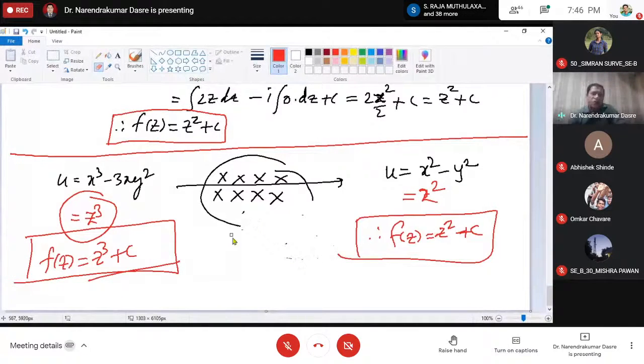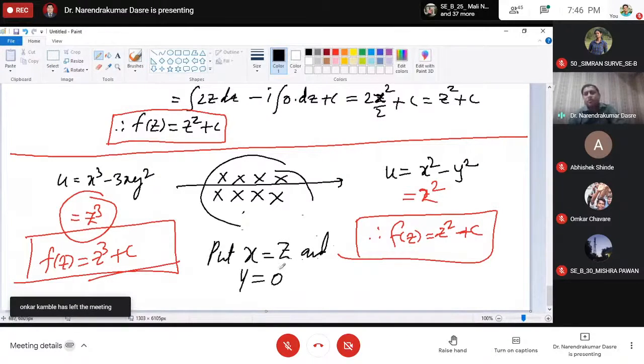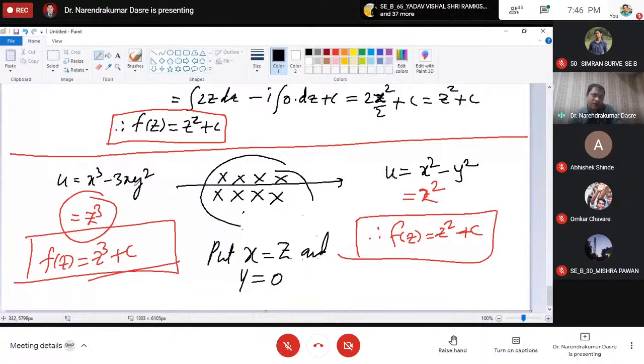So if you put x is equal to z and y is equal to 0, then you are able to get it. See here, the function u is equal to x cube minus 3xy square; you put x as z, so it will be z cube, y is 0, so this term is going to be 0, and then add the constant of integration, and that is your function, which is analytic.